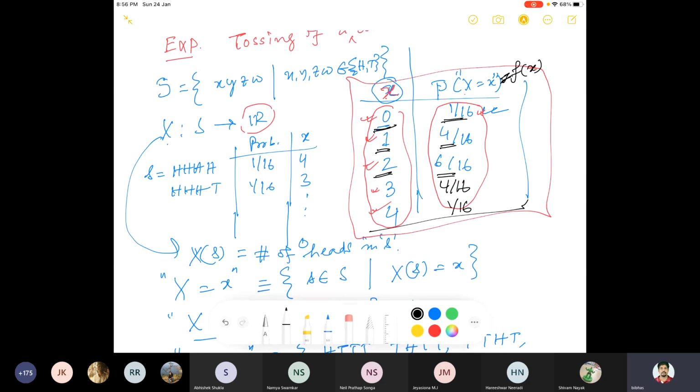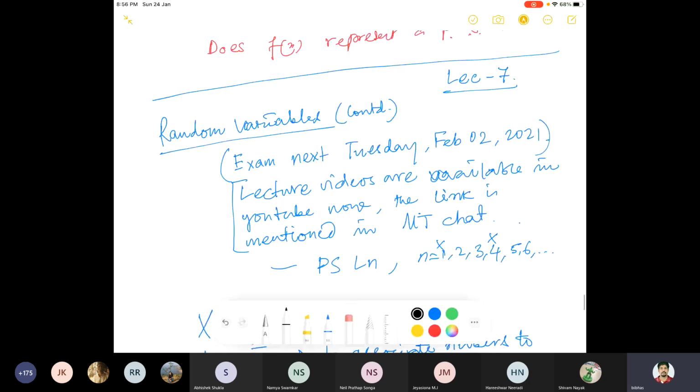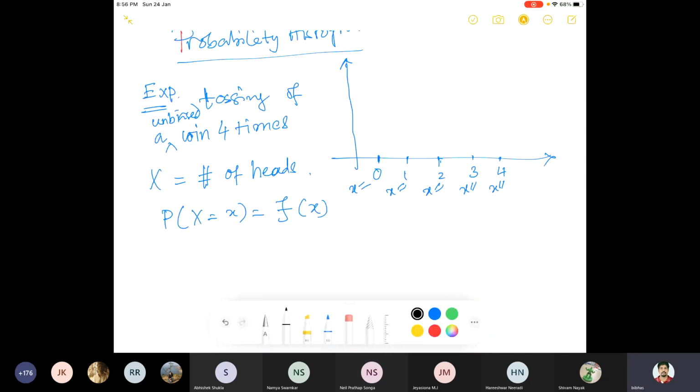Now we want to plot this function. If you want to plot this, then I have this value x equal to 0, 1, 2, 3, and for y I have values, let's say here I have 1 by 16, and then somewhere here I have 4 by 16, and somewhere here I have 6 by 16.